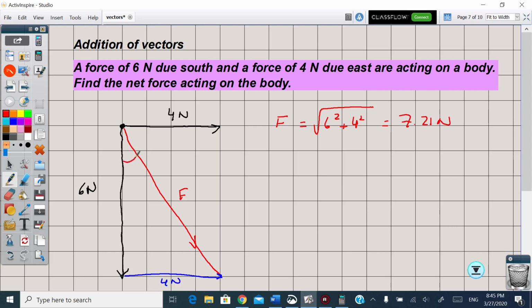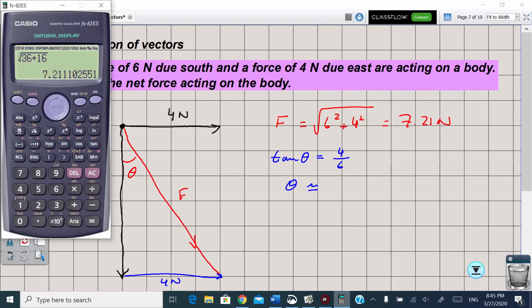We can work out this angle, theta, and we can see that tan theta is equal to 4 over 6, which gives us that theta is approximately equal to shift tan of 4 over 6, and that equals, let's say 34 for simplicity's sake, 34 degrees.